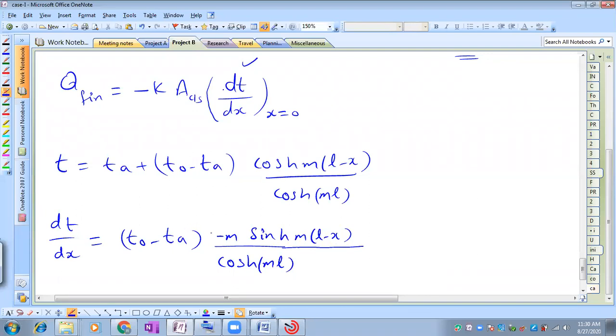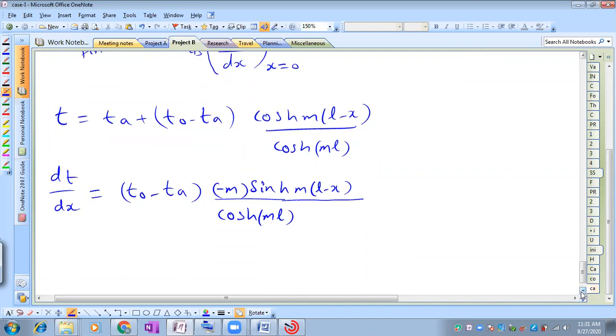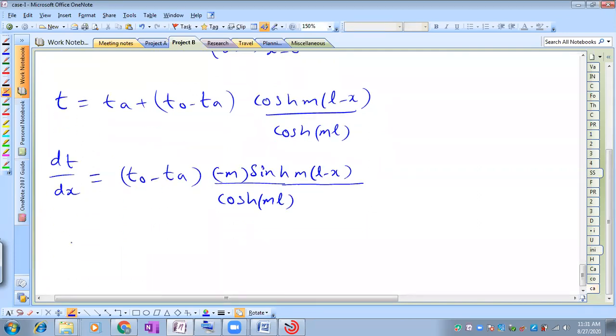Now, if I want dT by dx at x equal to 0, I can rewrite the above equation as (T0 minus Ta) into the m part. So x is equal to 0, so this will get cancelled.